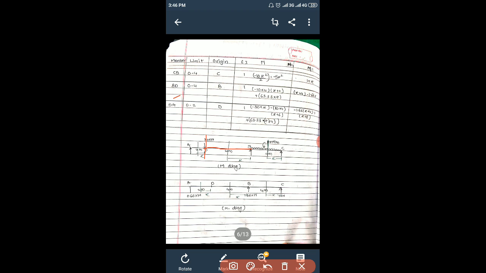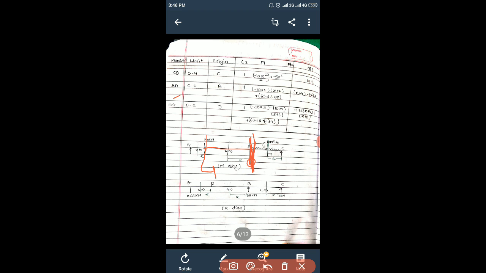Now span BD has a length of 4 meter, so here it is 0 and here it is 4. The origin is B, because we have considered 0 over here.